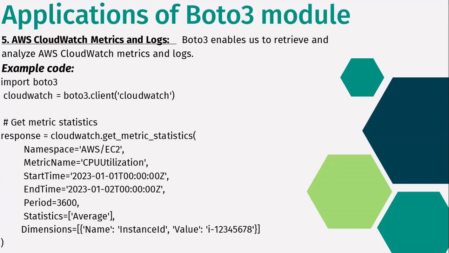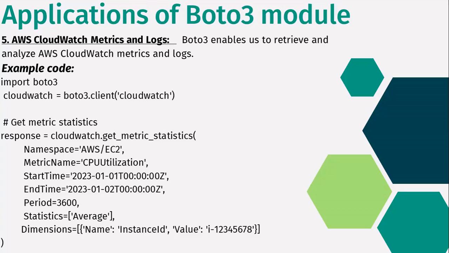Period specifies the granularity in seconds of the returned data points, so 3600 is in seconds. Statistics specifies the metric statistics to retrieve. Here it's set to Average, meaning the average value of the metric will be calculated. Dimensions specifies the filter on the metric data, if you want to do any filtration.